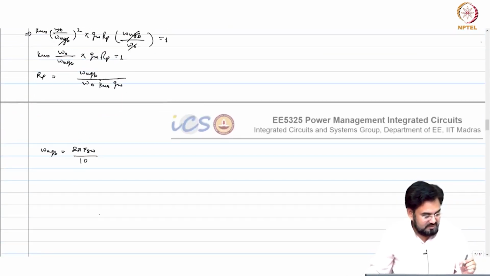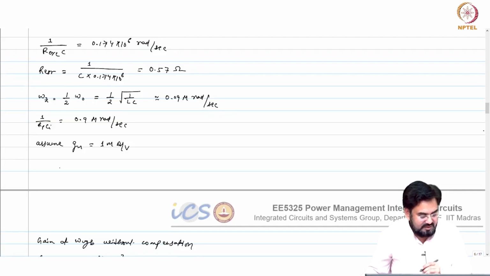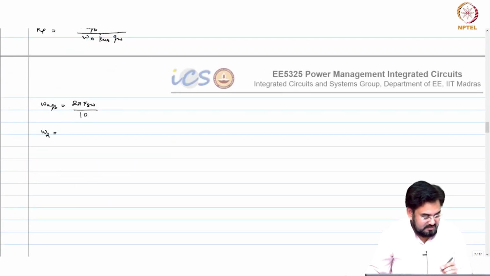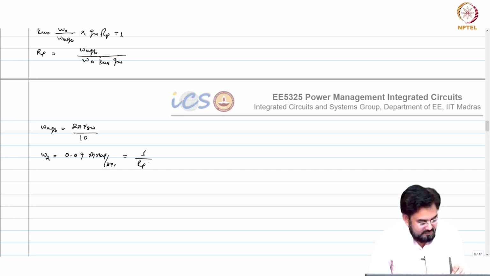Once this is known, and omega z we are substituting at half of that, and that time we have already calculated that 0.09 equal to 1 over RPCI, and Ci is nothing but 1 over RP. Okay.